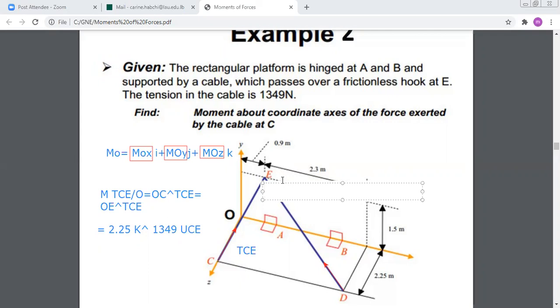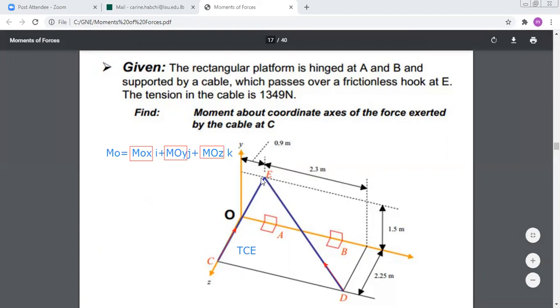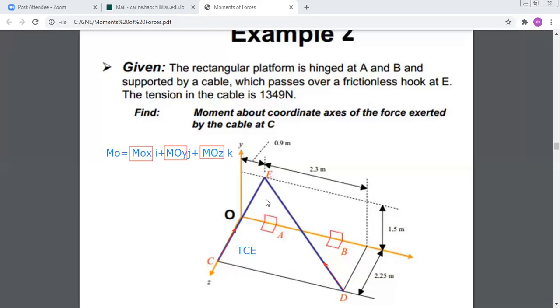2.25K. For E, if I look at my figure, okay, E has components only along Y and X. Along the x-axis, it's equal to just 0.9, okay, and along the y-axis, it's equal to 1.5.